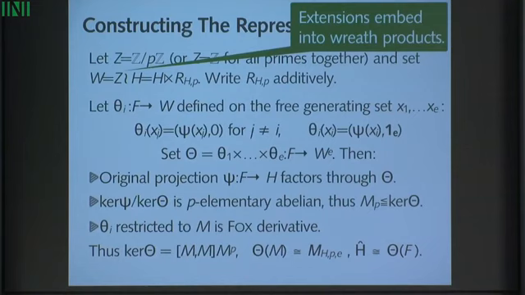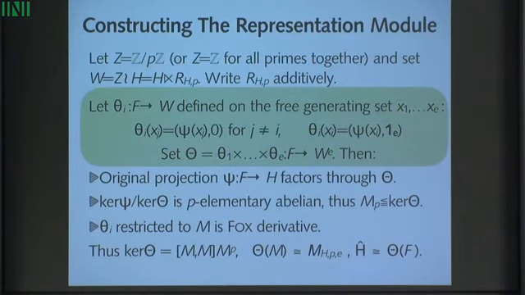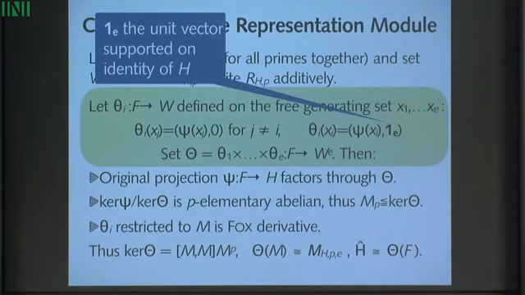Namely, the ith homomorphism on the jth generator of the free group: if i is not equal to j, I'm just mapping into the complement part, into H. But if i is equal to j, I'm furthermore mapping the part here to the element which is the unit vector whose support is just on the identity, writing the regular module additively.